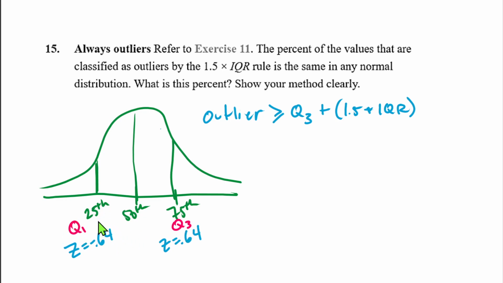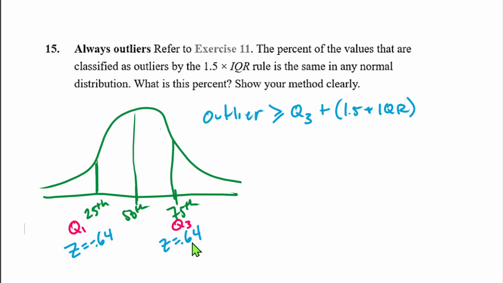Now, from our previous problem, it's kind of cool how these problems connected together a little bit: for the 25th percentile, the z-score was negative 0.64. The 75th percentile will, of course, be 0.64 because it's symmetric and it's on the positive side, or the greater than the mean side.